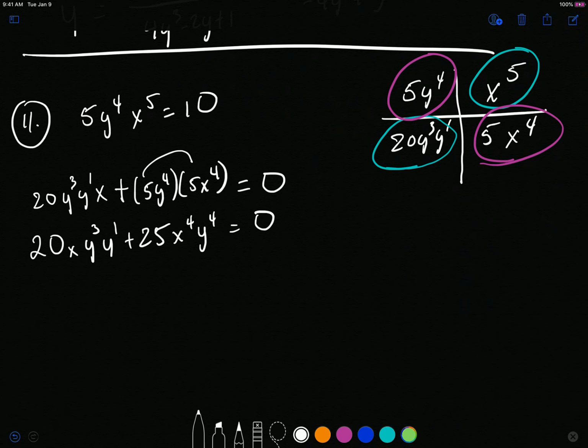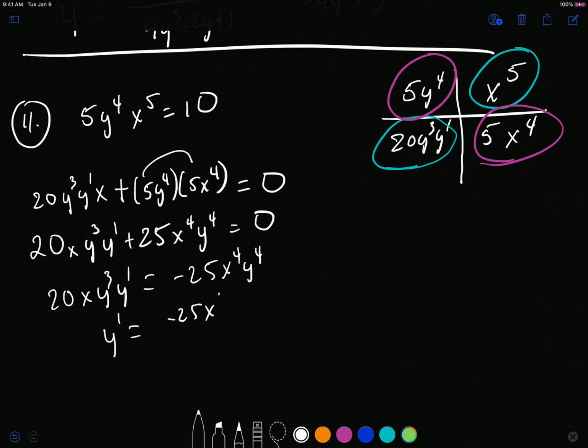I take the 25 over. And so that gives me 20xy cubed y prime equals negative 25x^4y^4. And so y prime is negative 25x^4y^4 divided by 20x.